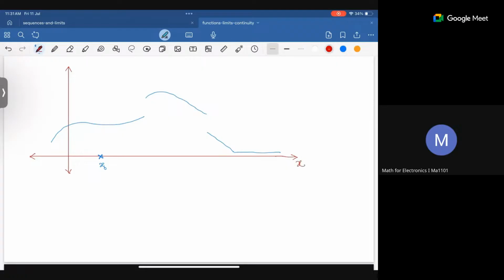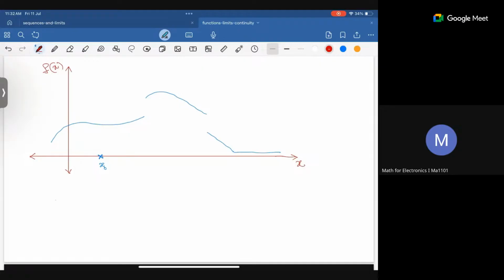So for that, what I will do is consider sequences that converge to x0. I will consider this sequence. This is a sequence. This is a sequence, right?